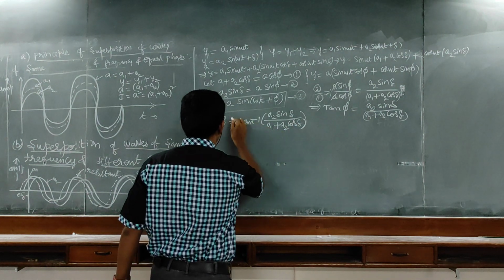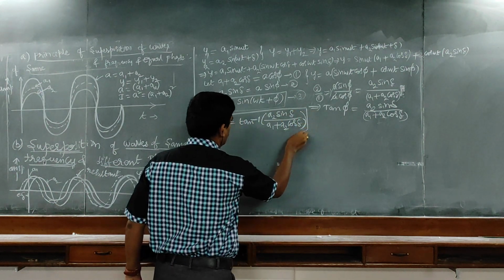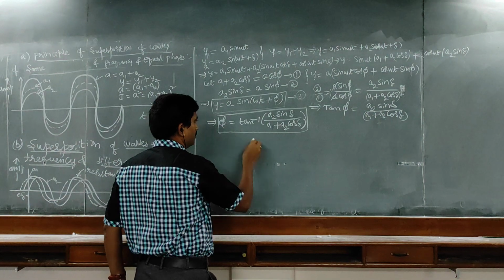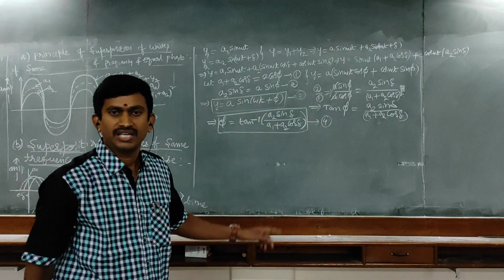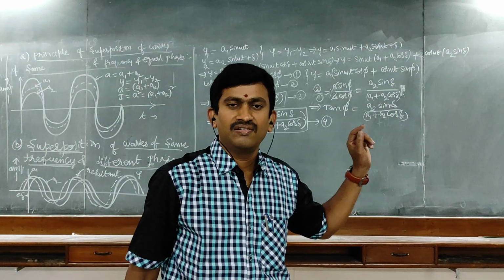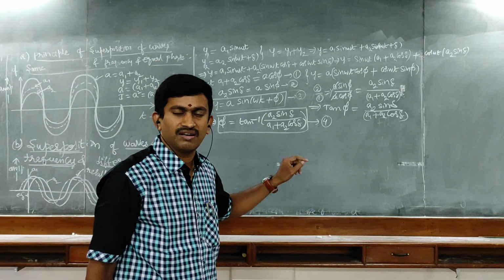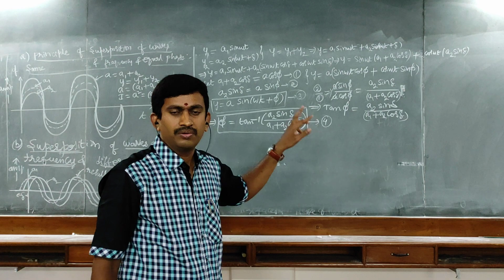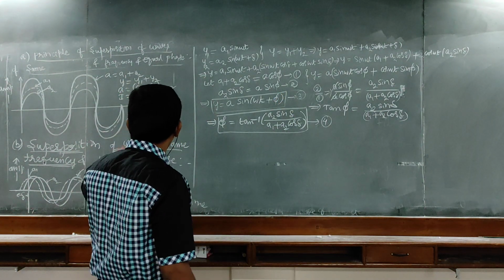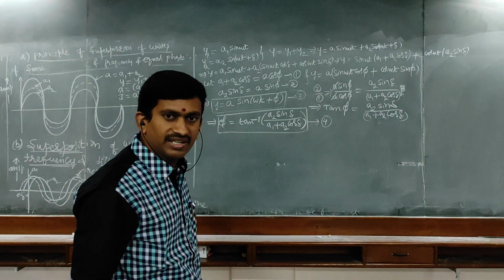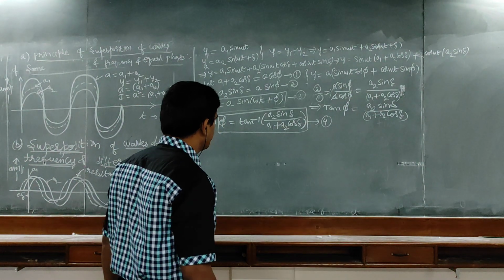This is the expression for the phase angle of the resultant wave. Let it be named equation number 4. Equation 4 represents the phase of the resultant wave because of the superposition of two waves of same frequency and different phase.